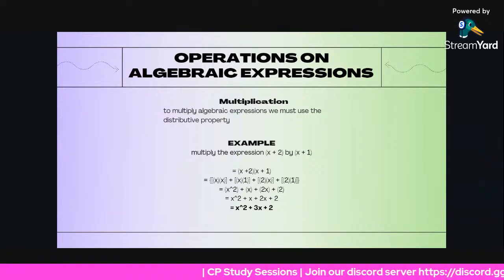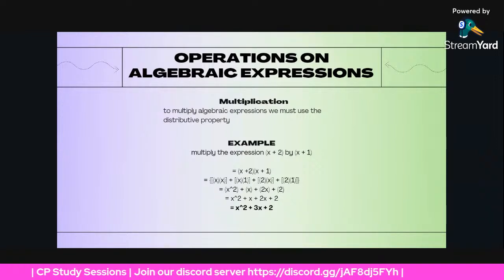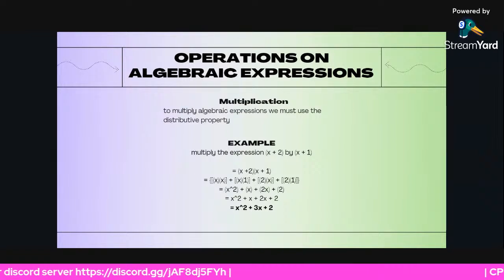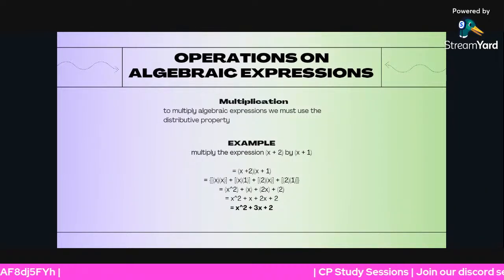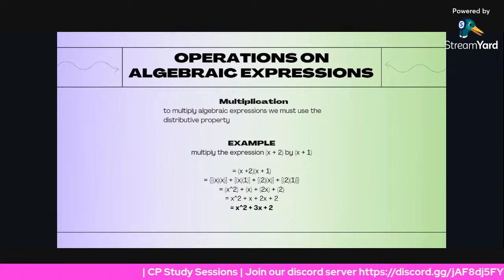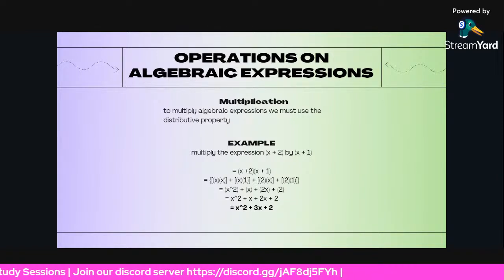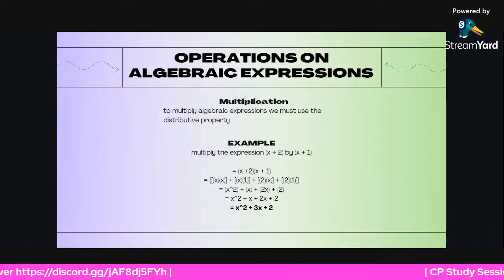So, kanina, ang dinidistribute lang natin is iisang term sa expression na may usually two or more terms. Dito naman, ang ipag-multiply naman natin is an expression with two terms sa another expression with two terms.